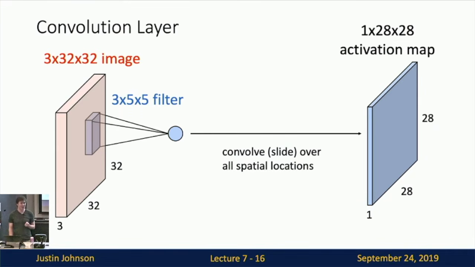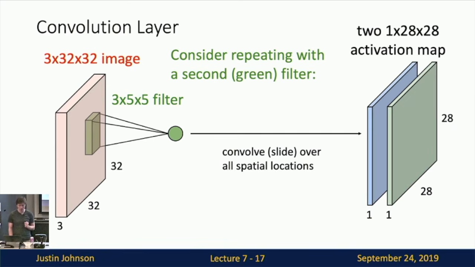But of course, it's never enough to just have one convolutional filter. In fact, a convolutional layer will always involve convolving the input image with a set or a bank of different filters with different weight values. So we can consider convolving our image with a second convolutional filter, shown here in green, to represent that it has maybe different values of the weights.